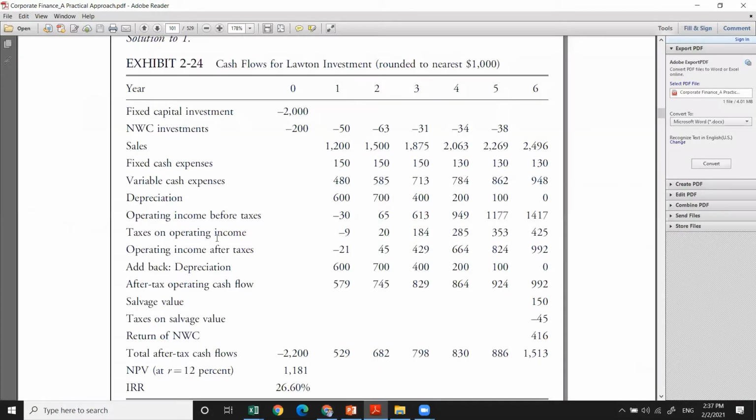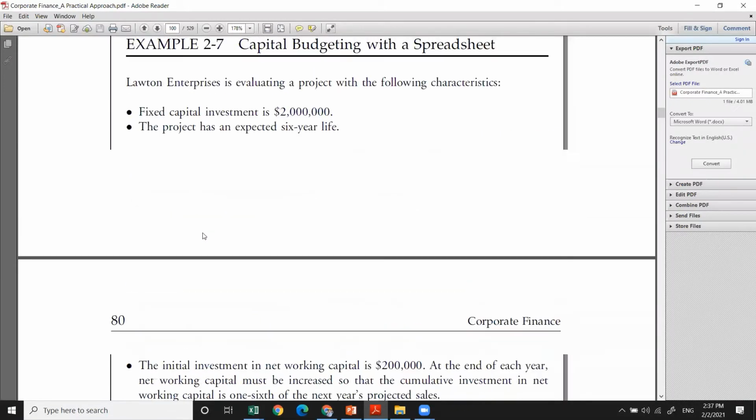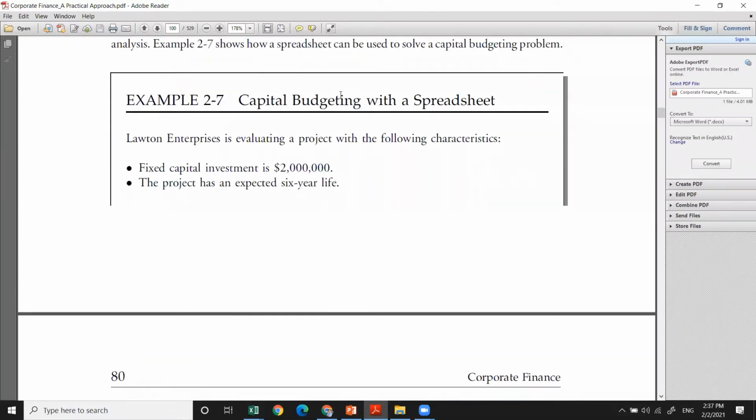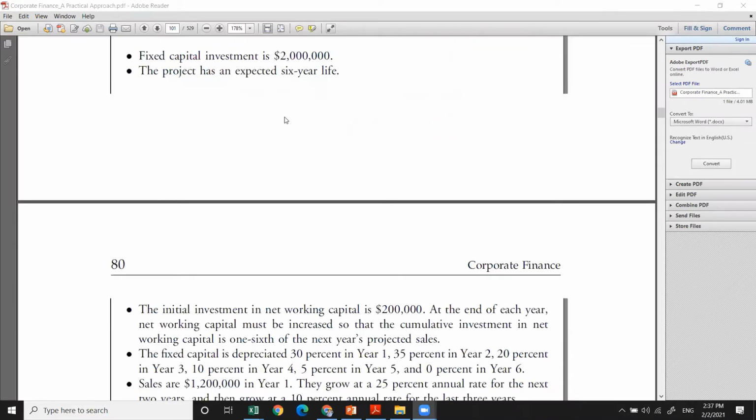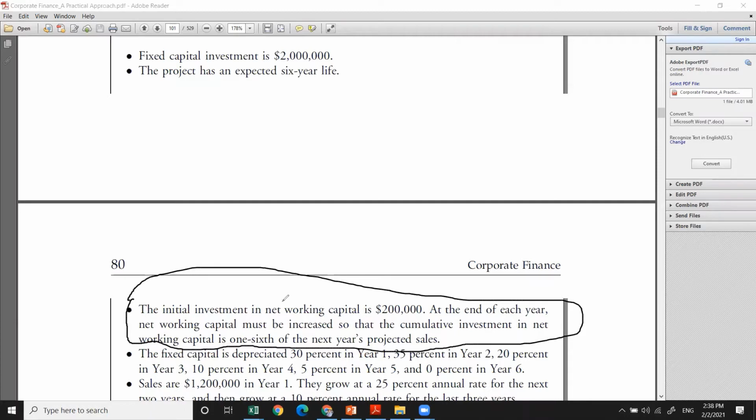Okay, coming to here, we'll start with the fixed capital investment. The fixed capital investment is 2 million. The project life is 6 years. And the tricky part is this. The initial investment in net working capital is 200,000.